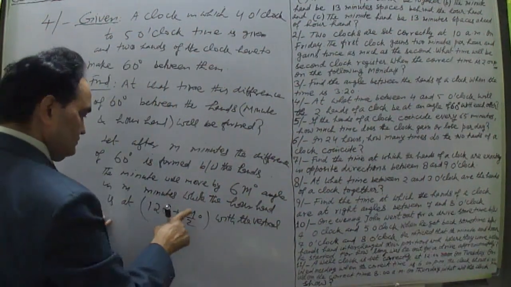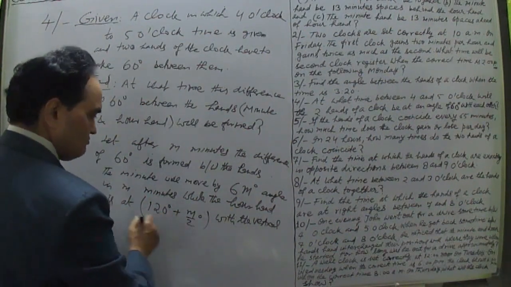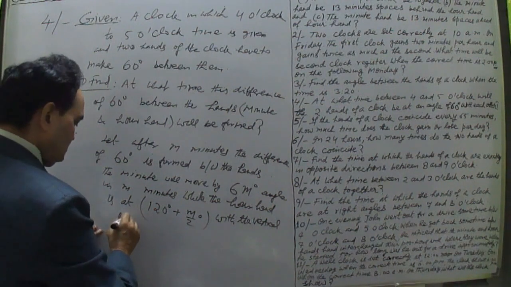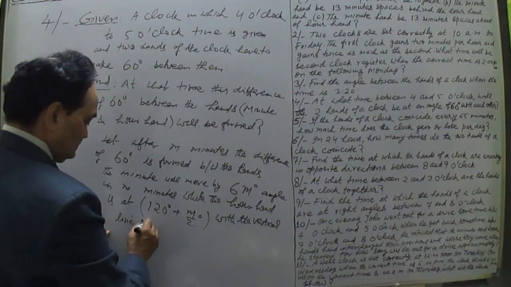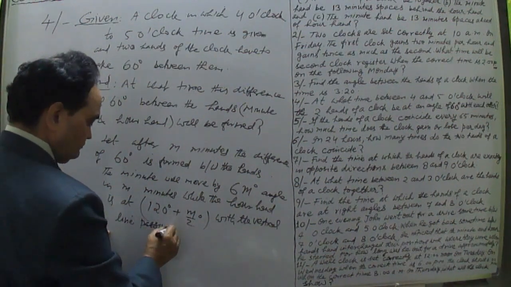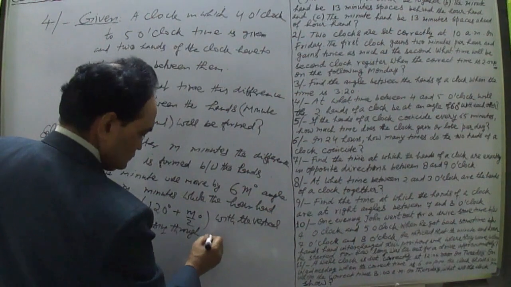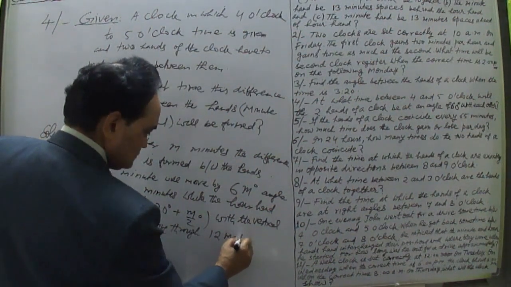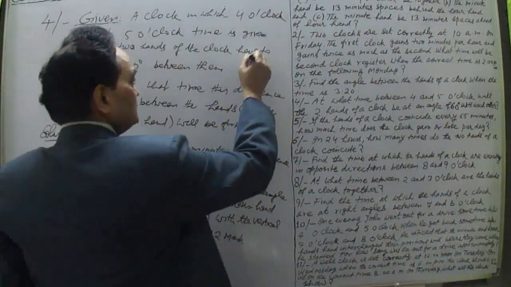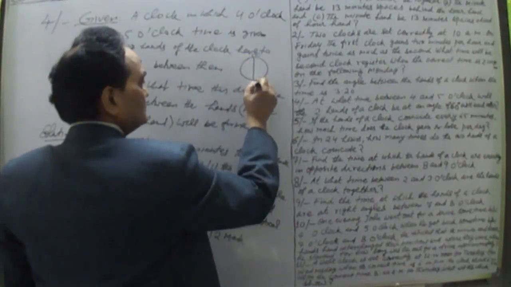The hour hand is with the vertical line passing through the 12 mark. Suppose this is the clock here, and this is 12, this is 6.